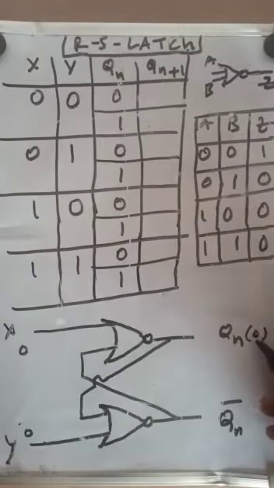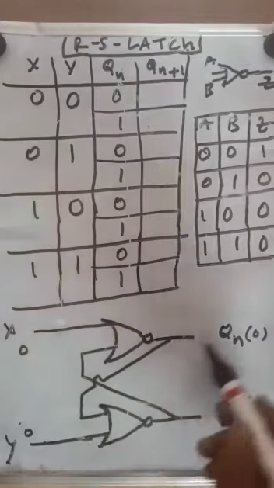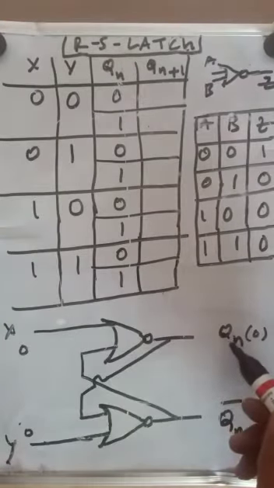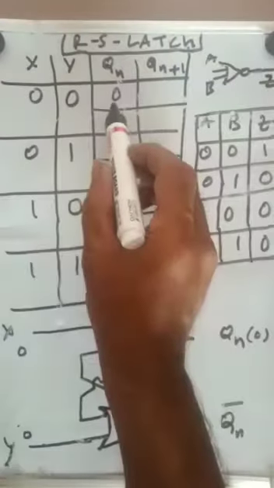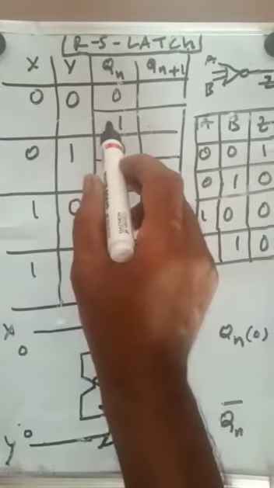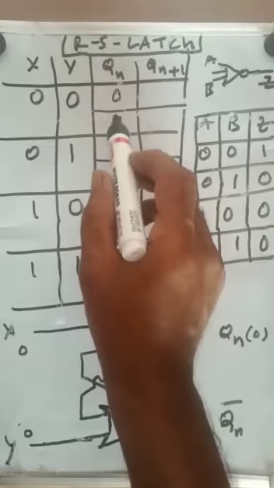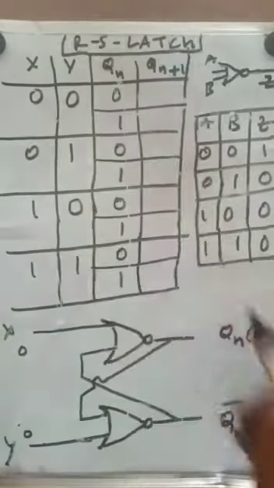We will verify for 1 also: what should happen if the present output state is 1?